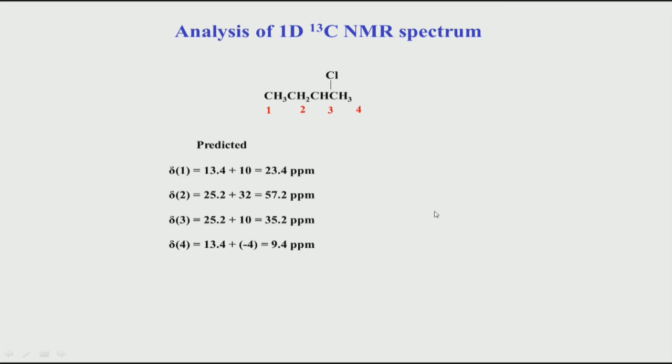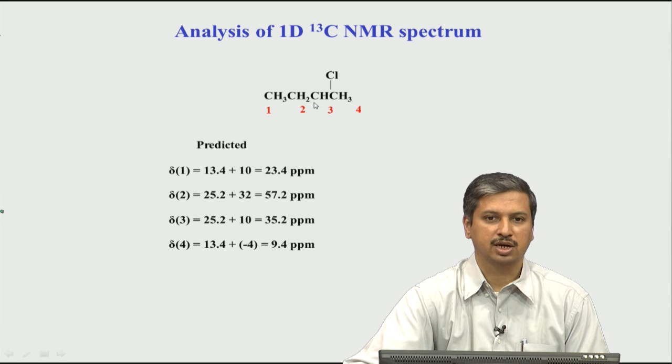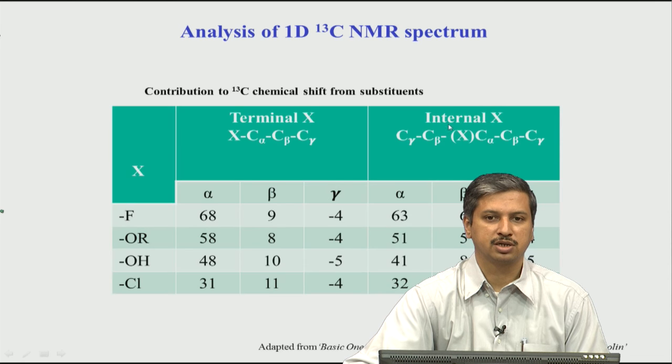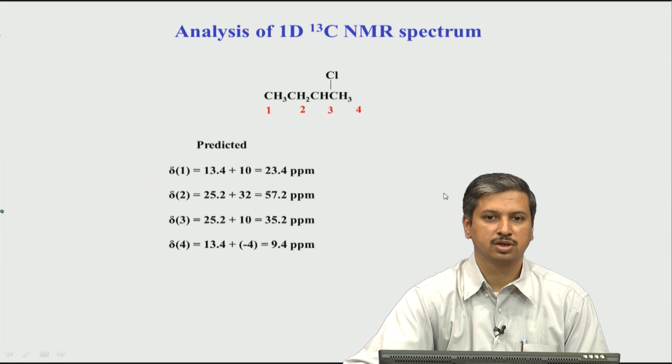So, we will look at an example. Let us say we have this molecule where chlorine is attached to the second carbon, in the CH position. Now we have to use the previous table. This is a branched kind of system because it is in the middle, not at the terminus, so we have to look at this table here. Let us predict the values.